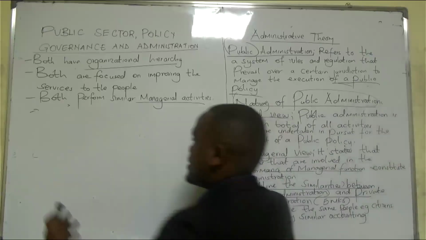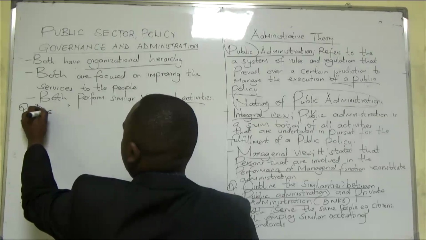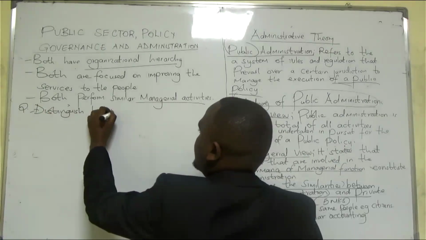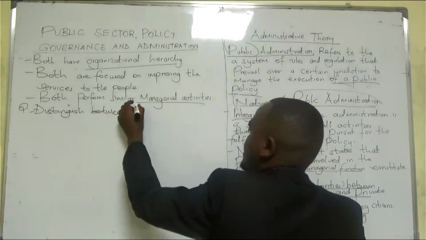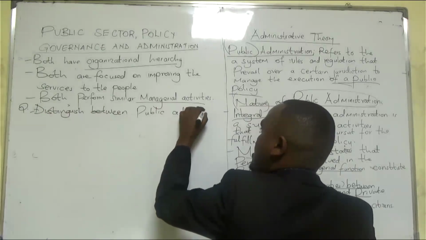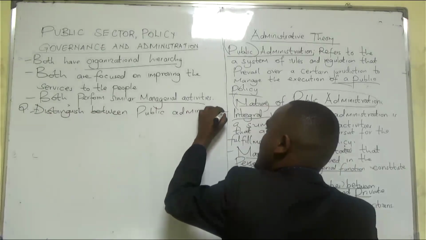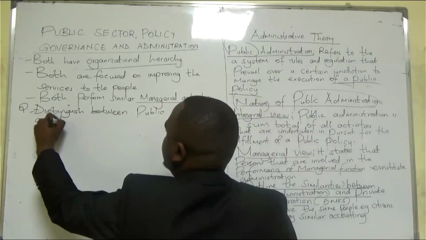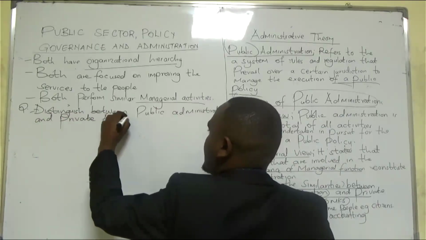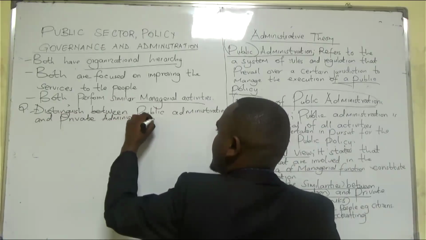So let us draw a table. It's a common question, distinguish. We will be going through the past papers after each and every topic. We shall see those questions. Distinguish between public administration and private administration. So let us draw a table, for quick reference.